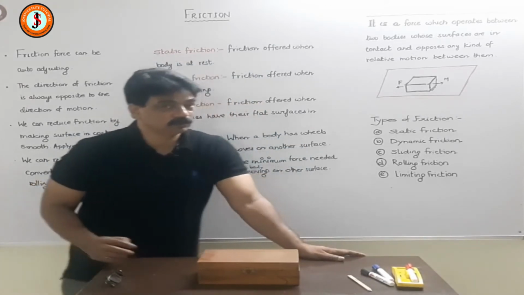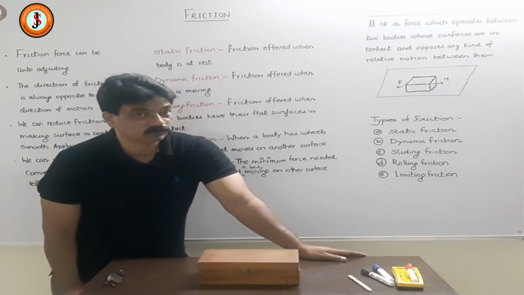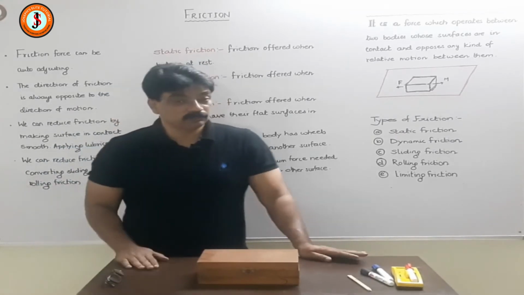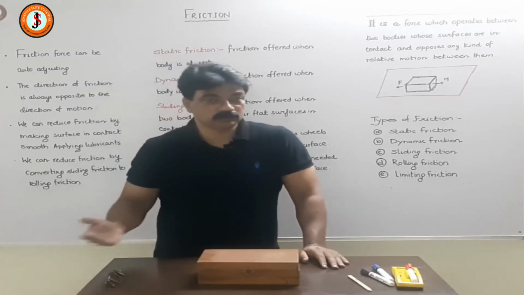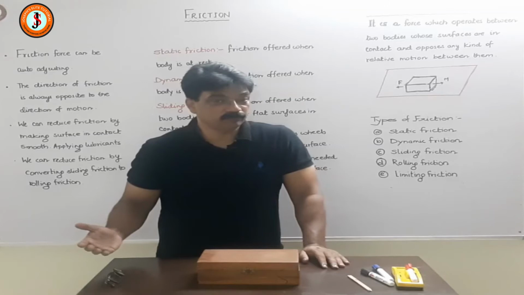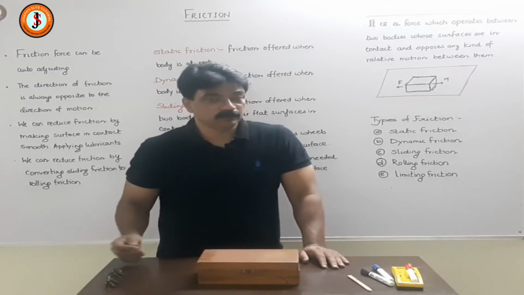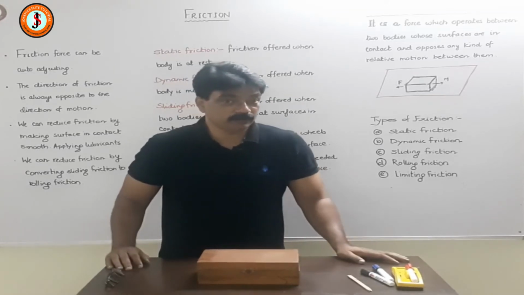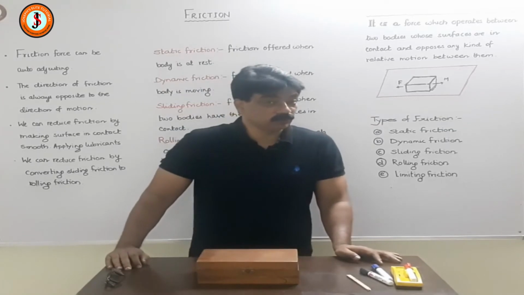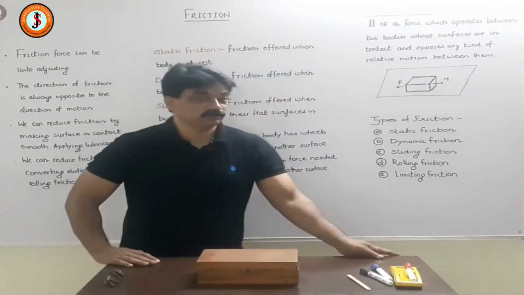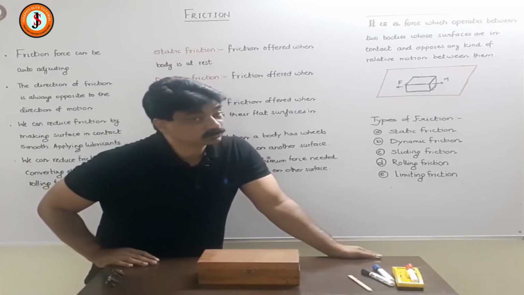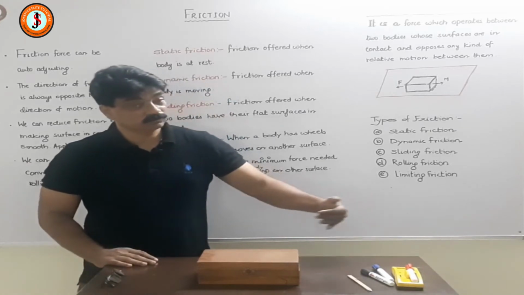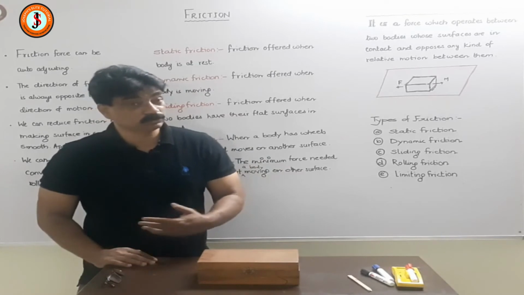That resistive force comes from the friction force which is operating between this table and the floor, whose surfaces are in contact. So friction force is a contact force. Remember always, if I try to move this table in this direction, the friction force is acting in the opposite direction.